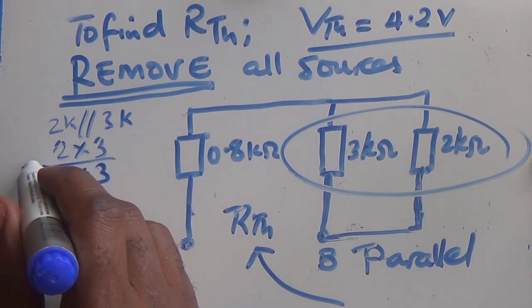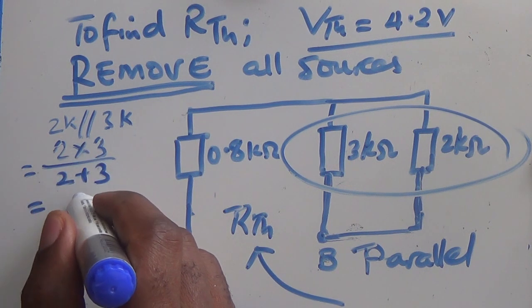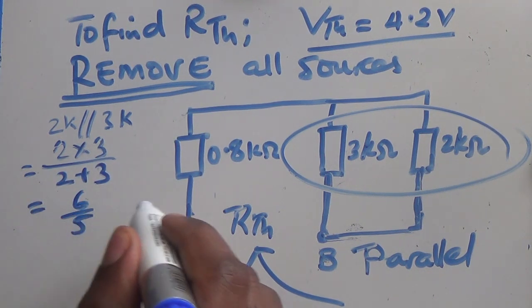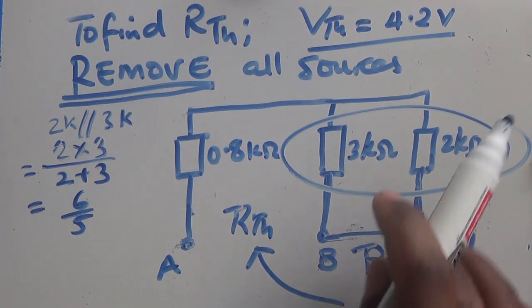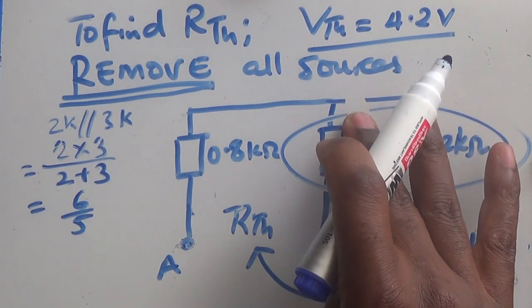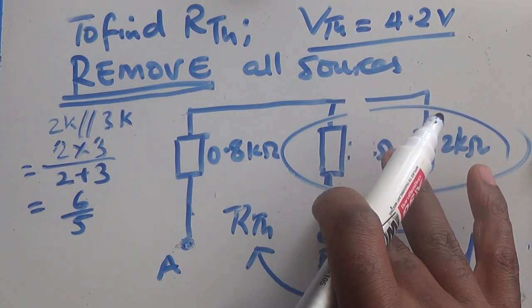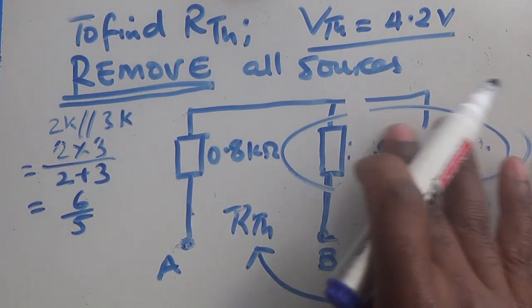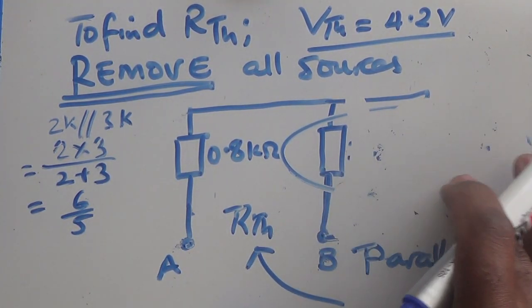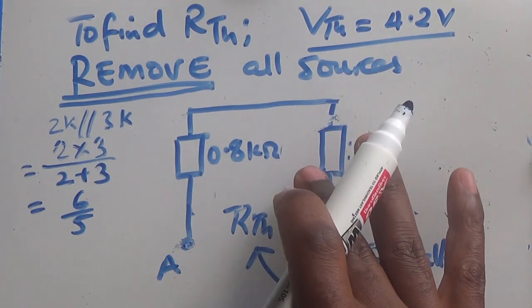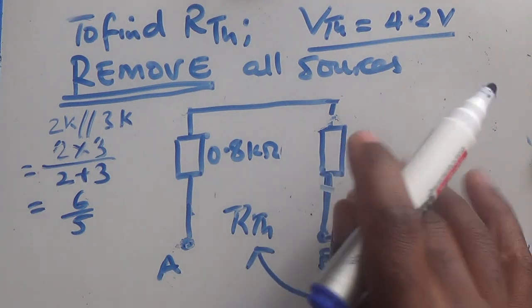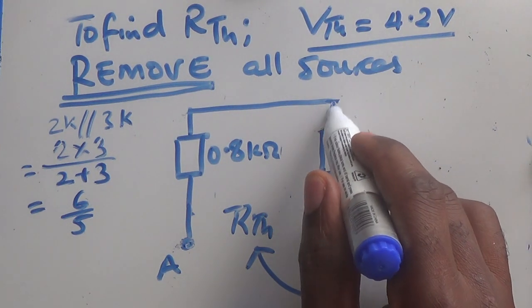So this would be equal to 6 over 5. And then the resultant here is 6 over 5 K.